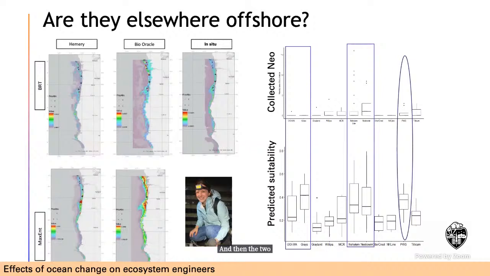And then the 2 sites in Washington that had high predicted suitability, we didn't find shrimp. But we did find some at a site off Willapa that had lower predicted suitability. So now we've got 4 sites along the coast where we know these shrimp are.